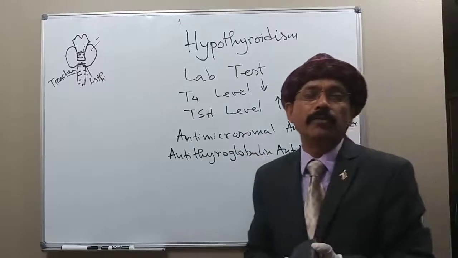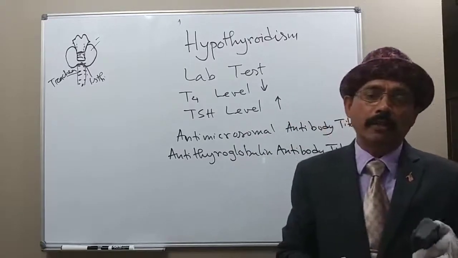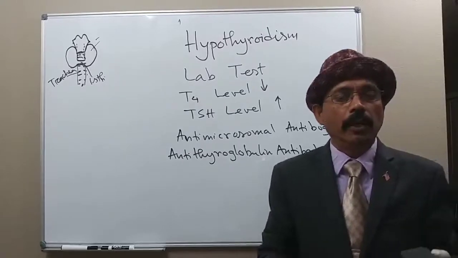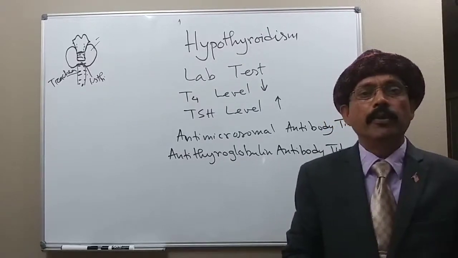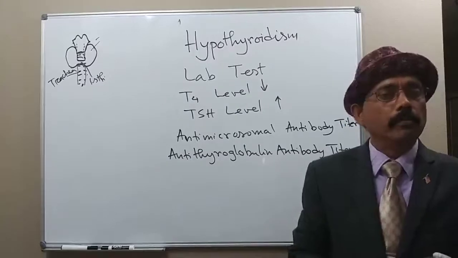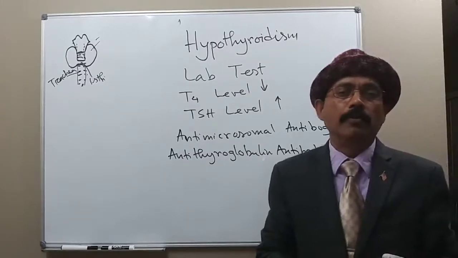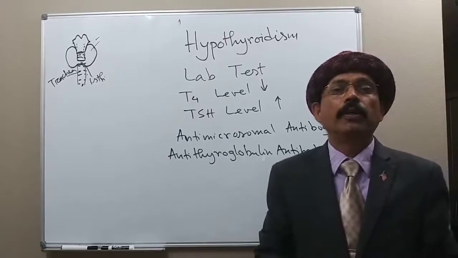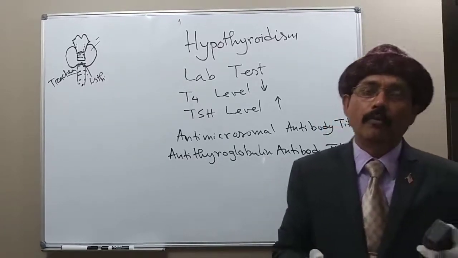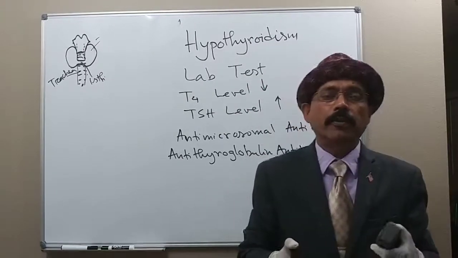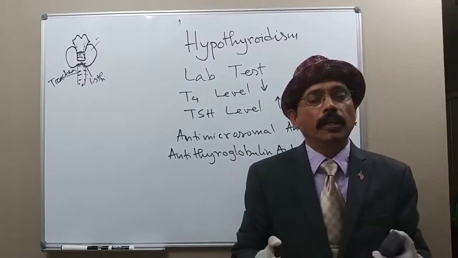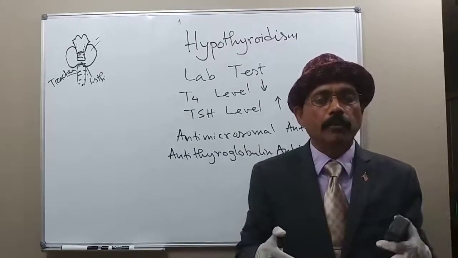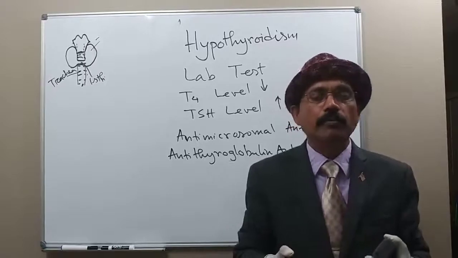So there are many mechanisms to get hypothyroidism. One of them is the lack of iodine. There may be a defective iodide pump. There may not be conversion of iodide to iodine. There may not be synthesis of monoiodotyrosine, diiodotyrosine, triiodothyronine, and thyroxine by the addition of iodine to the tyrosine molecule.